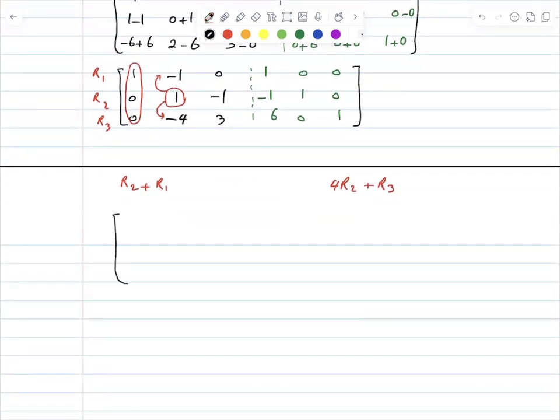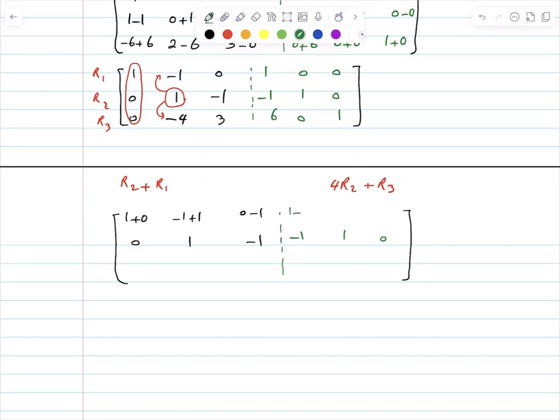What do we have? So I'm going to write down the entries for the second row, 0, 1, -1, and then here you have -1, 1, and 0. Okay, let's close this up. Perfect. So if I add these two together, I have 1 plus 0, -1 plus 1, 0 minus 1.